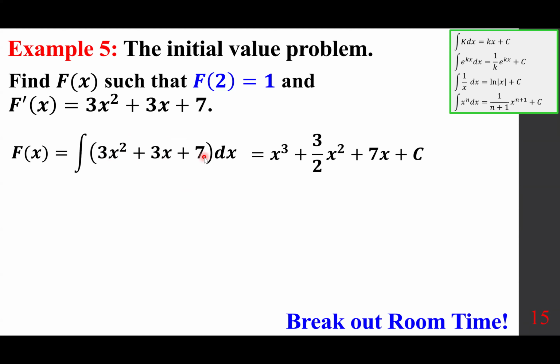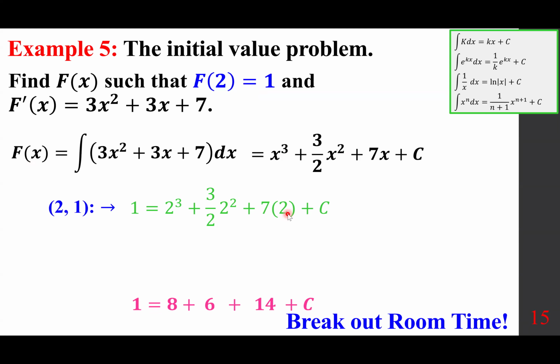Again, that's a general solution. We have the pair 2, 1, which means we're going to replace the x with 2 and F of x or y with 1. 2 cubed is 8, 2 squared is 4, divided by 2, 2 times 3 is 6, 7 times 2 is 14.